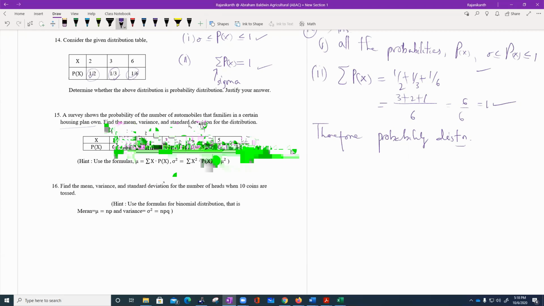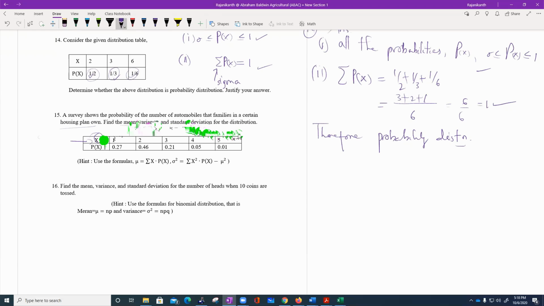Once you know the given table is a probability distribution, how do you find the mean and variance for the random variable? This guy is a random variable because x is variable. They are asking you to find the mean, variance, and standard deviation for this distribution.